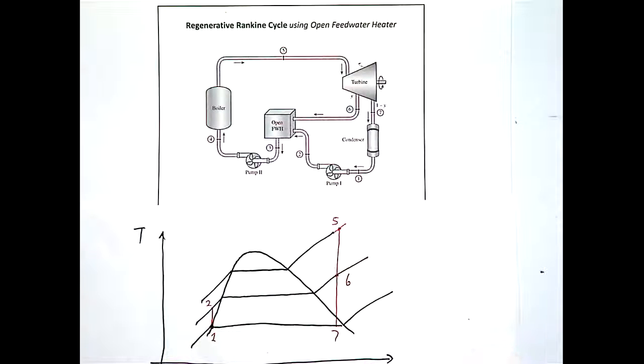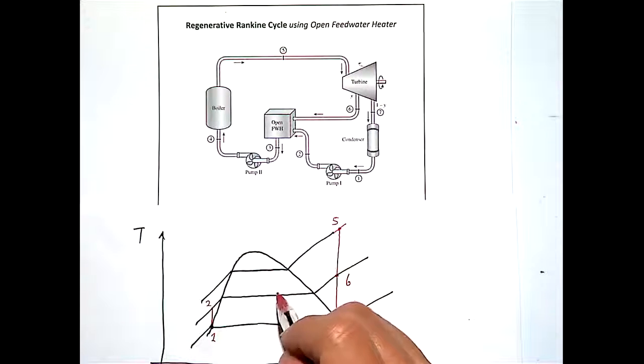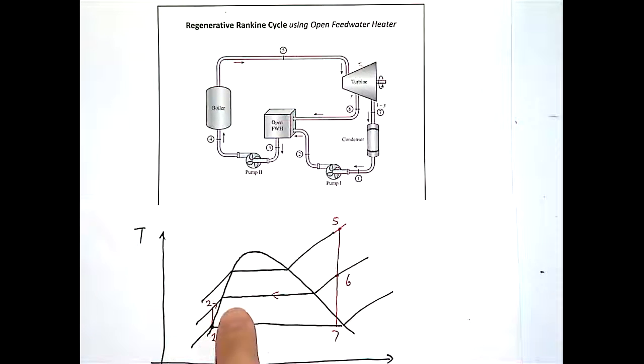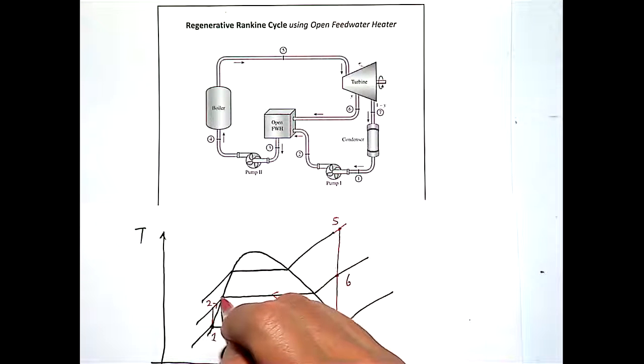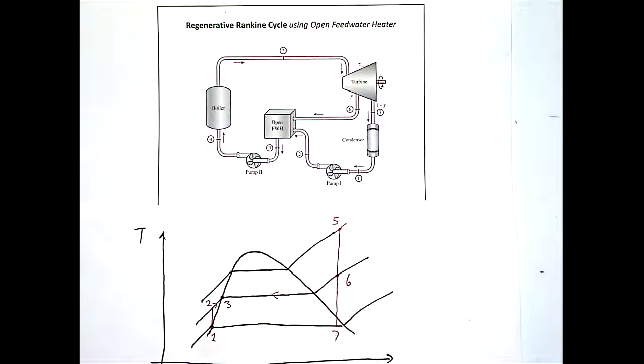So there, instead of continuing expanding, it goes to mix with this compressed water. All right. So they go together and then meet, ideally on the edge of the saturation dome, which is state 3.